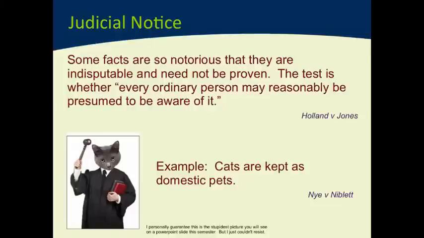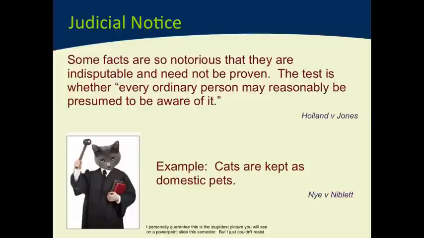These days, of course, there's no judicial notice of the concept that any relationship between adults involves a man and a woman. It's just not something that the court regards anymore as indisputable, because these days it's very much disputable. And so judicial notice does tend to change over time as social circumstances change. But if something is so notorious that it's indisputable, then you probably won't need to bring any evidence.